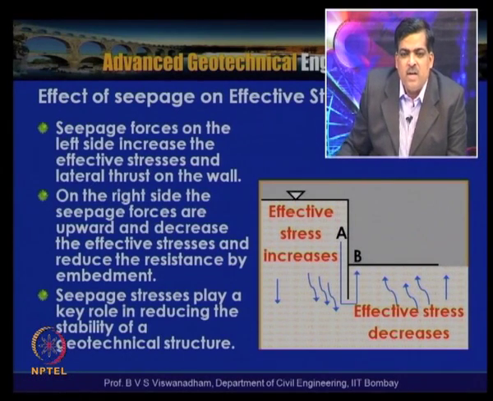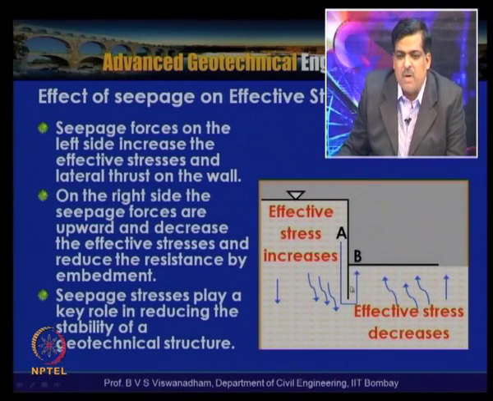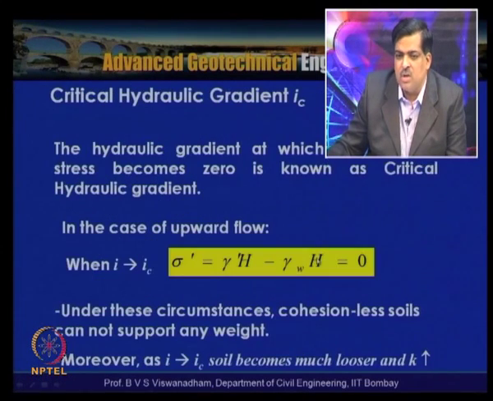On the right hand side, seepage forces decrease the effective stresses, and the resistance to embedment also decreases. So, the stability of a structure is highly dependent upon the portion where upward flow occurs. Seepage pressure plays a key role in reducing the stability of a geotechnical structure retaining water or any water body.